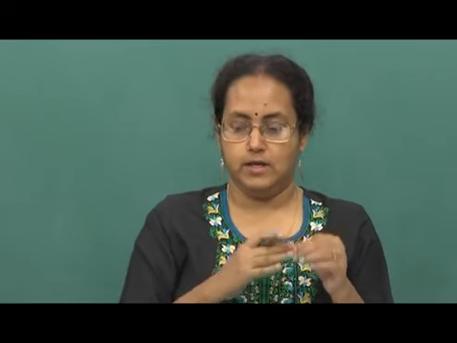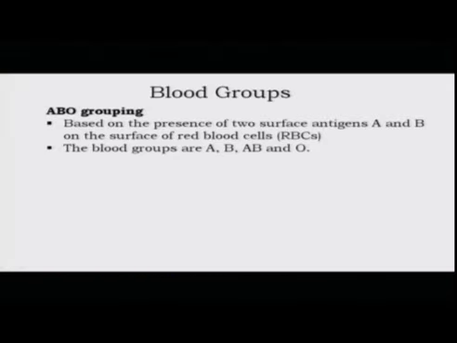Any protein or other kind of molecule can be known as an antigen, because usually there is an antibody which can bind to it or recognize it very specifically. So, depending on whether these two types of antigens are present on the surface of the red blood cell or not, they are grouped into four kinds of blood groups: A, B, AB and O.